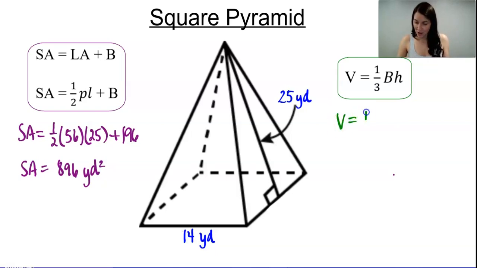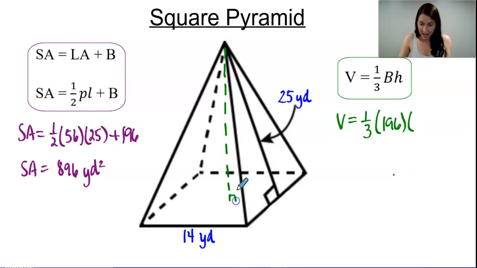Now moving over to the volume. The volume of this square pyramid is 1/3 times the area of the base, which we already found to be 196. That's 14 times 14, or the area of that square base, times the height. We don't know the height of this square pyramid, so I am going to draw in right here the height, and we are going to have to find it. This time we are given a hypotenuse of 25, and the base of this right triangle would be half of the side, or 7.